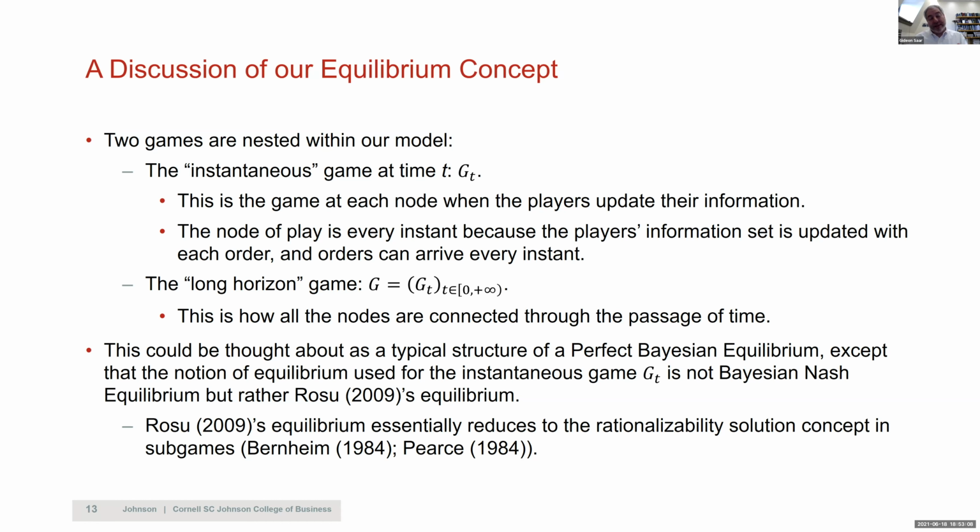And you may think that, wow, that's a typical structure of a perfect Bayesian equilibrium, so that will be easy. But remember, we're using a specific limit order market that was created by Johan Brosu in his 2009 RFS paper, without information. And he doesn't use Bayesian Nash for the G_t. He uses essentially an equilibrium concept that reduces to rationalizability. And he actually has a very nice discussion of that in his paper.